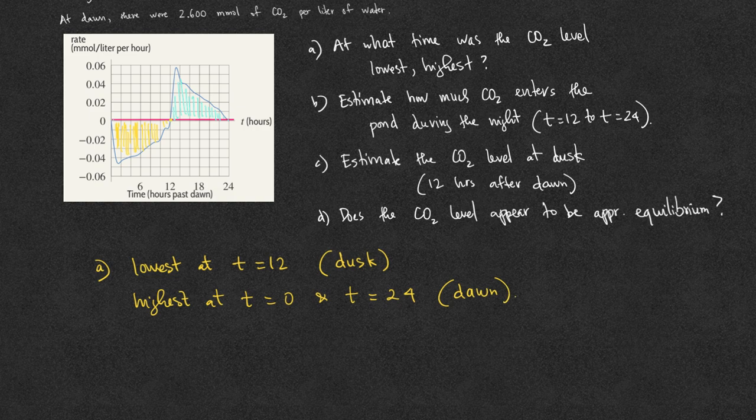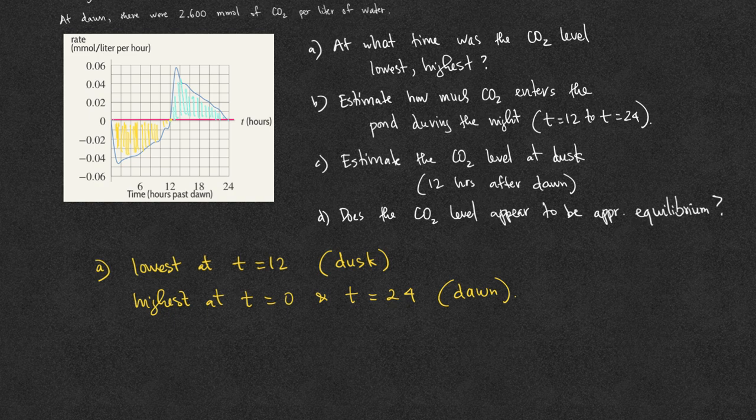Next, estimate how much CO2 enters the pond during the night, from t equals 12 to t equals 24. This is the area under the curve above the horizontal axis from t equals 12 to t equals 24. We are not given a formula, so we need to estimate the area under the curve. We can use this legend.